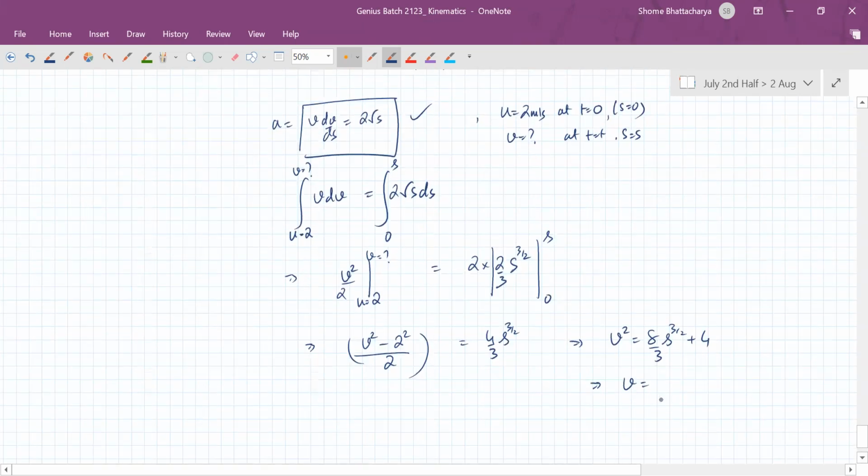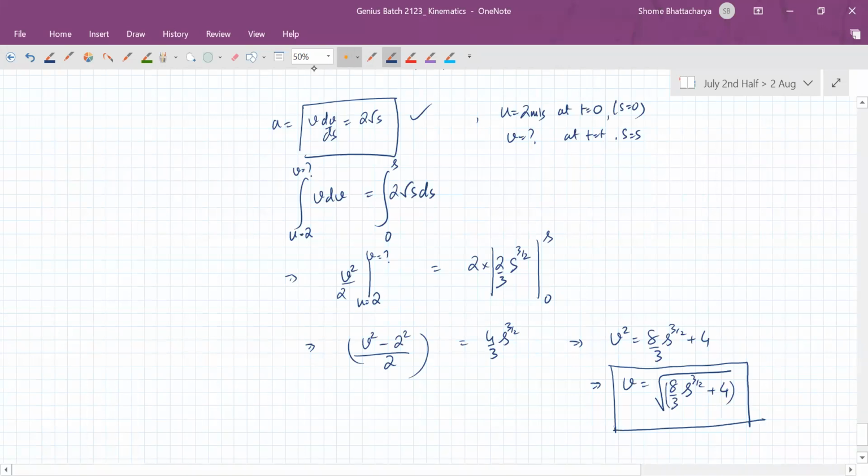So we will not take the negative root after taking the square root. We'll take only the positive root, because we can see that the acceleration is always positive. The initial velocity was positive, the acceleration is positive, so the velocity can't be negative ever. It's not switching direction.